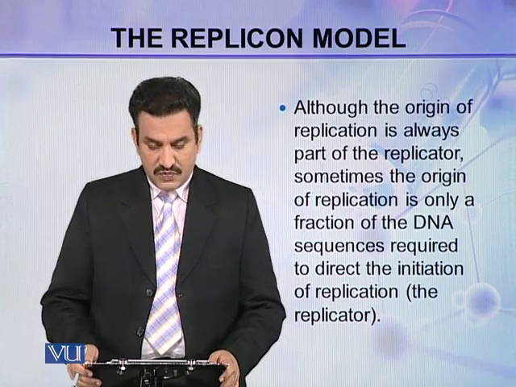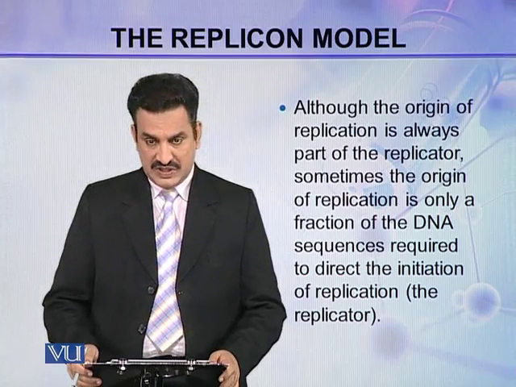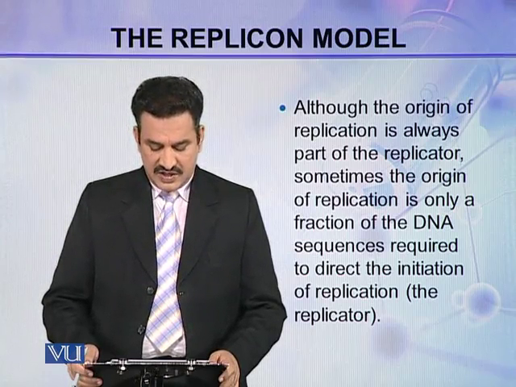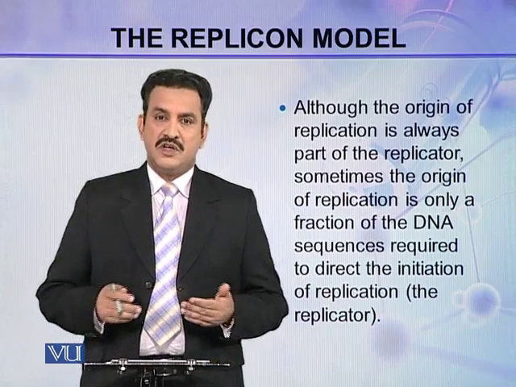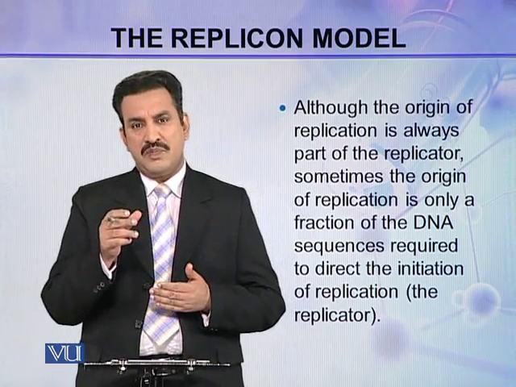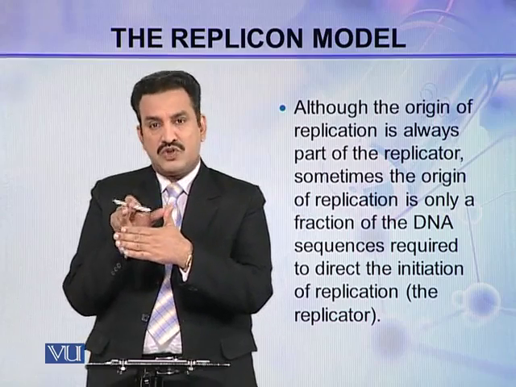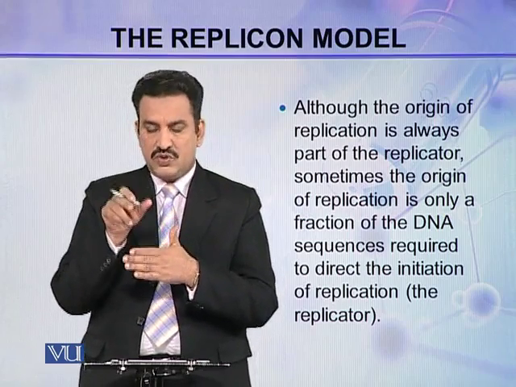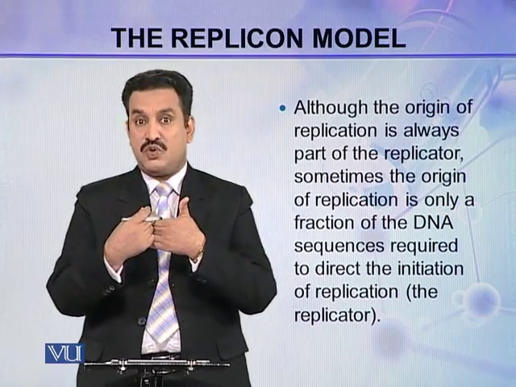Sometimes the origin of replication is only a fraction of the DNA sequence required to direct the initiation of replication. So it is not necessary that the origin of replication is the whole sequence of the replicator, but the origin may be a small part of that replicator sequence.